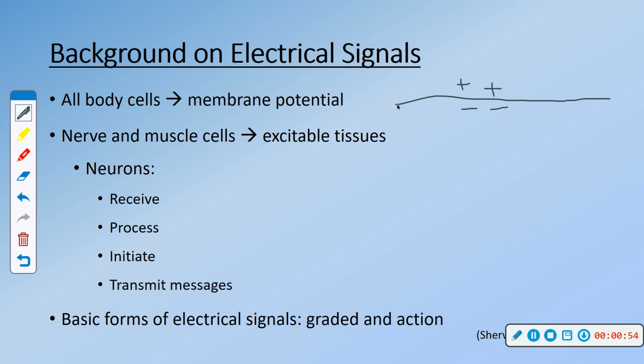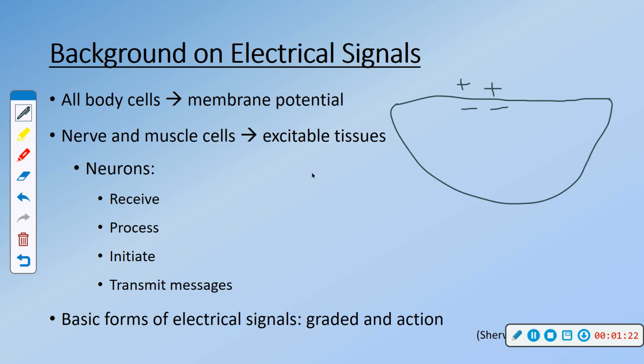In a nerve cell, or neuron, on the inside, they're negative. There are more negatives, and the positives stay on the outside. Specifically, there is a ratio, a number of negatives, but I will get to that later. So the membrane potential is that potential to have negatives on the inside, positives on the outside.